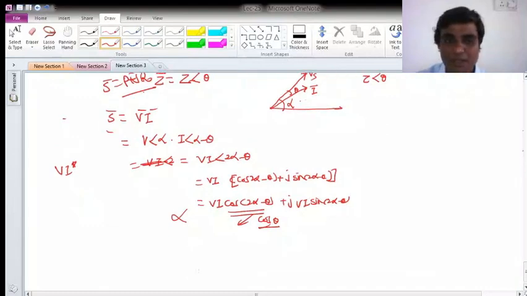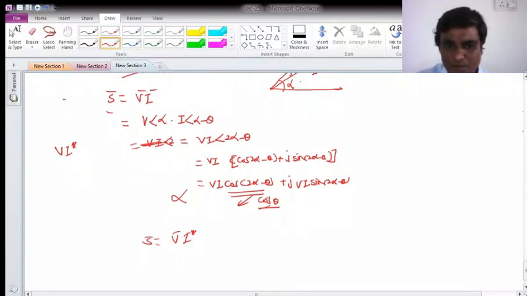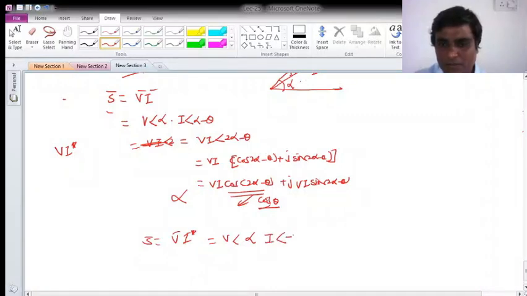And if I take S bar equal to V bar into I complex conjugate, then what will happen? It will be V angle alpha with I conjugate, so the angle will be changed, and instead of alpha minus theta, it will become minus alpha plus theta. And this will be V into I with the angles adding: alpha minus alpha plus theta, which cancels alpha.